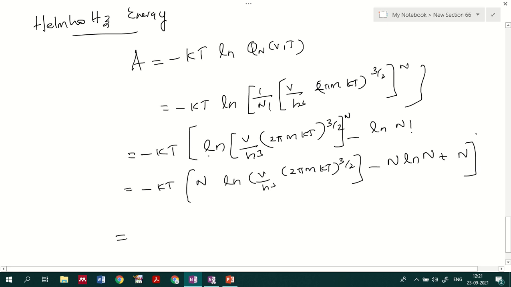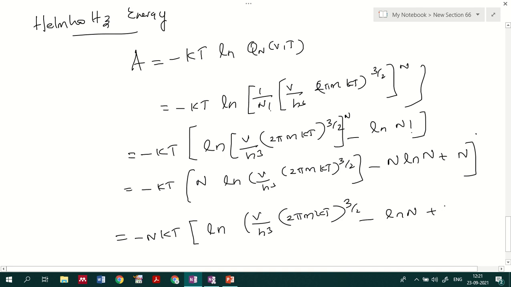So minus kT, because n is there in all the terms, I can represent minus nkT into ln of (V by h cubed)(2 pi m kT)^(3/2) minus ln n plus 1 will be there when you take n outside.